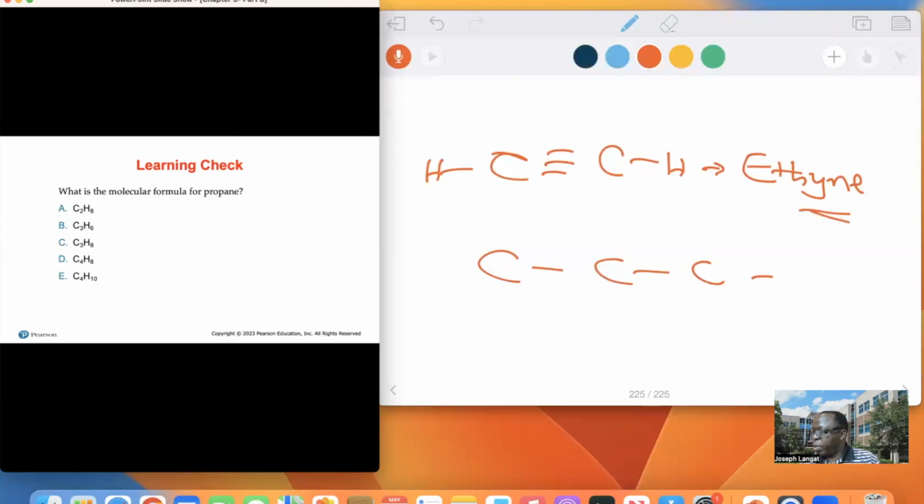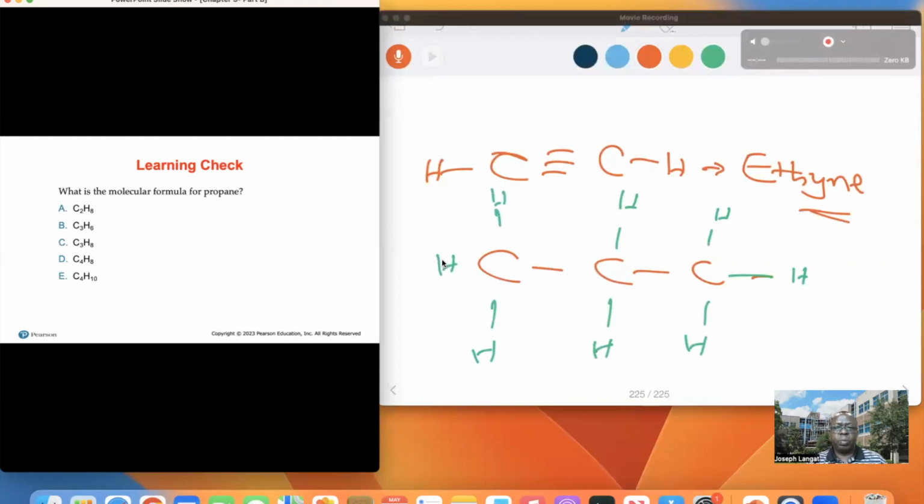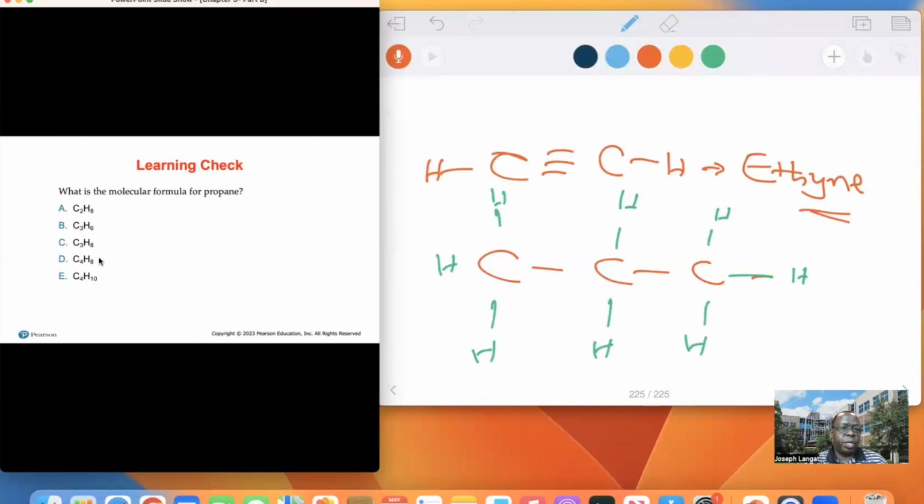And remember, carbon forms 4 bonds, so there is hydrogen here, here, and so on. If you count the number of hydrogens, 1, 2, 3, 4, 5, 6, 7, 8, you write this as C3H8. The correct answer for that is C.